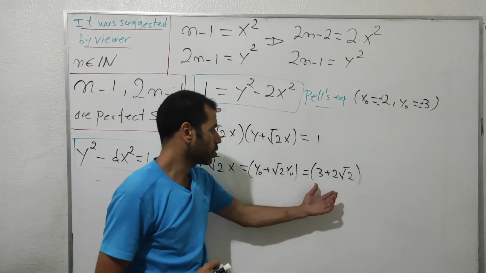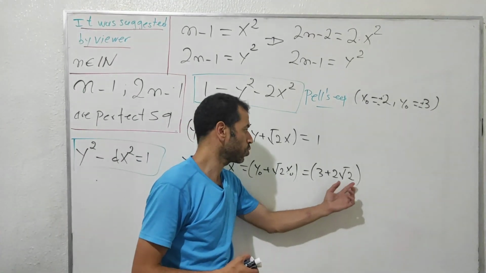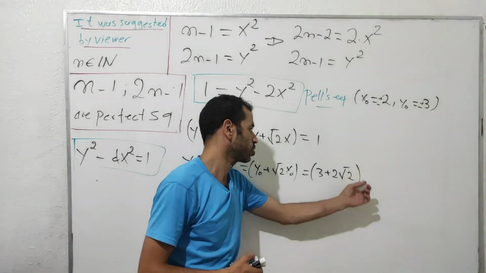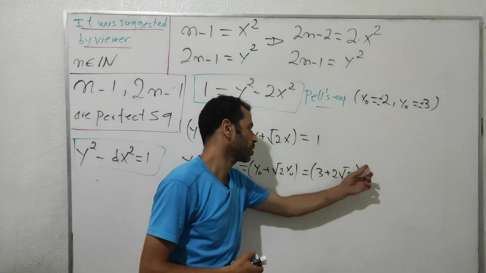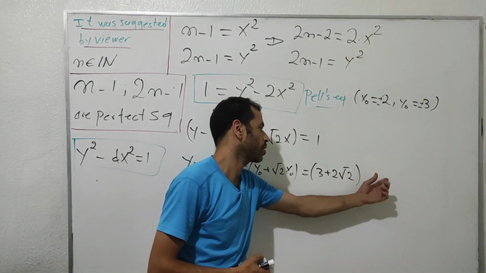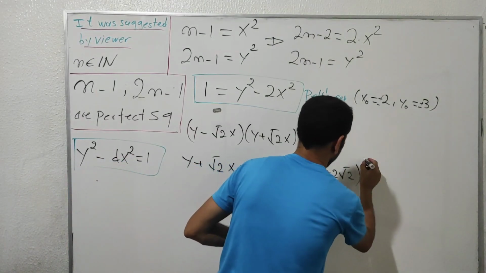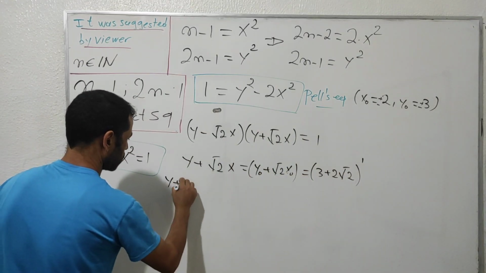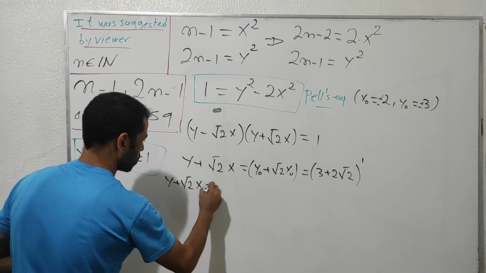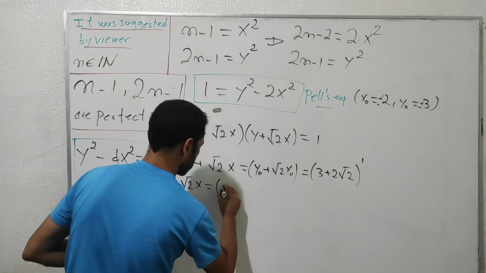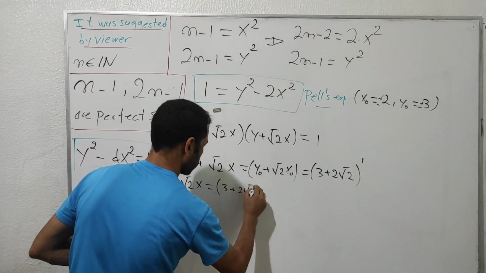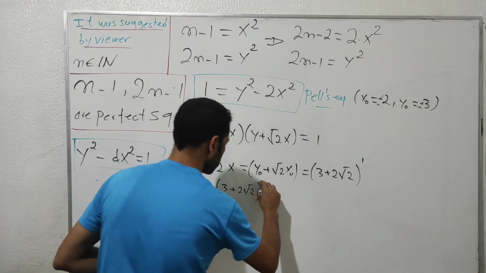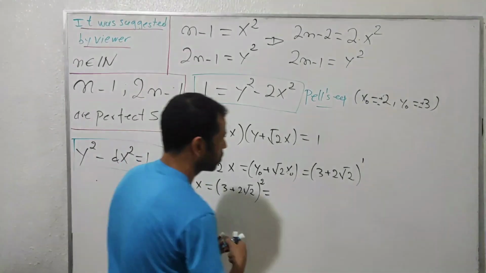In order to find the second solution, we are going to make the recursion, by multiplying the same number by another number. For the second solution, I get y plus square root of 2 x equals the same number, 3 plus 2 square root of 2, squared.